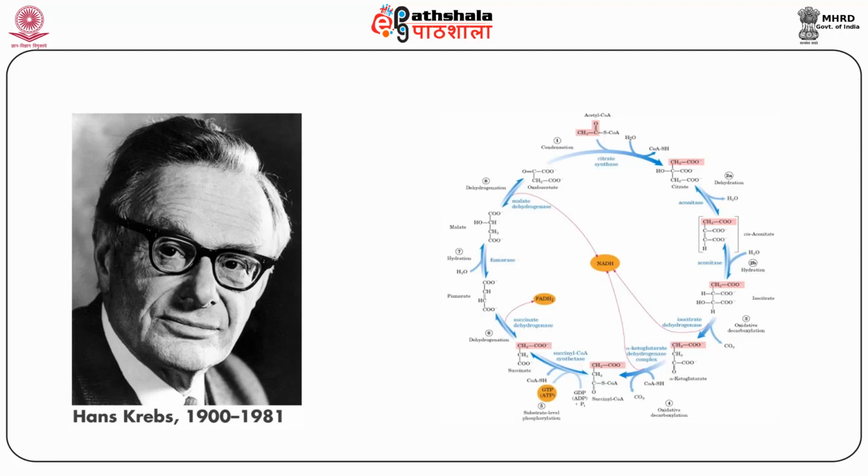Now this cis-aconitate is converted into isocitrate by the enzyme aconitase. This reaction is again a hydration reaction. This isocitrate is converted into alpha ketoglutarate by the enzyme isocitrate dehydrogenase. Here the oxidative decarboxylation reaction takes place and carbon dioxide is released.